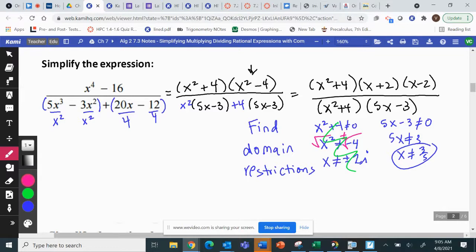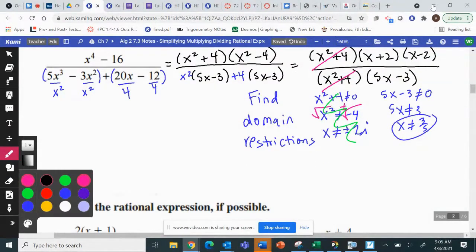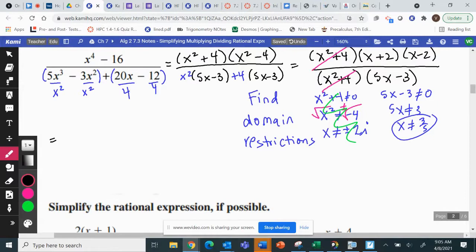The entire parenthesis. Right, the entire parenthesis is what can factor, x squared plus 4. So we've canceled those, and now I have left x plus 2, x minus 2 over 5x minus 3.